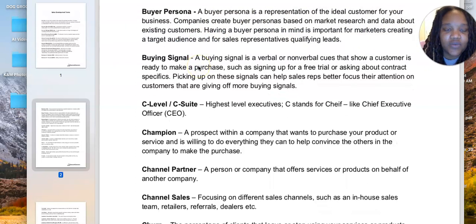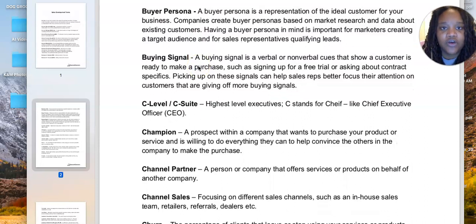Okay, next we have the buyer's persona. A buyer's persona is a representation of the ideal customer for your business. Companies create buyer personas based off of market research and data about existing customers. Having a buyer's persona in mind is important for marketers creating a target audience and for sales development representatives or sales representatives qualifying leads.